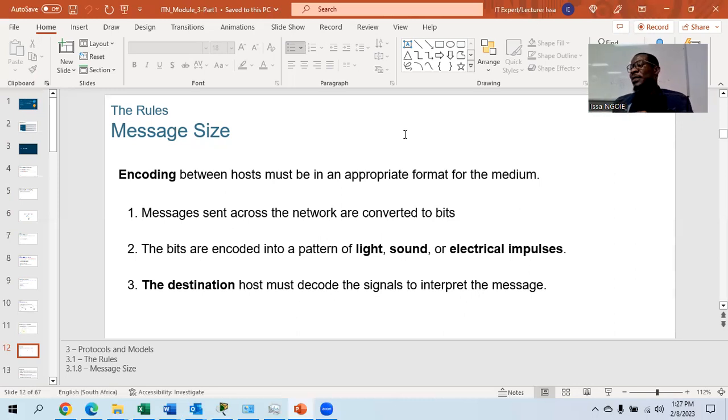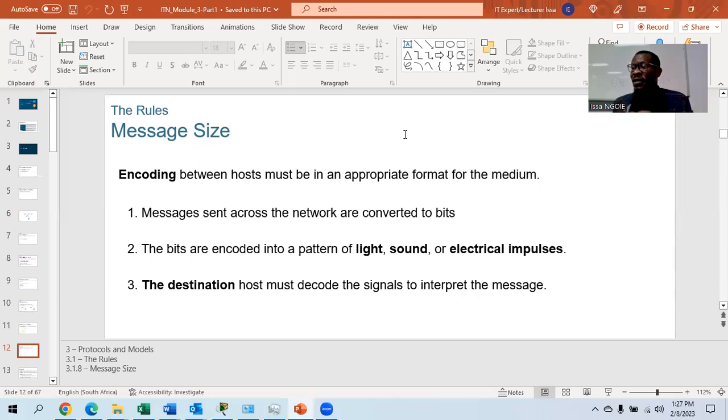Number two, your message will be converted first to bits, 0 and 1, but that will depend on the type of medium that you are using. Are you using fiber optics? This is light. Are you using a crossover or straight cable or whatever? This is the electrical impulses, right?